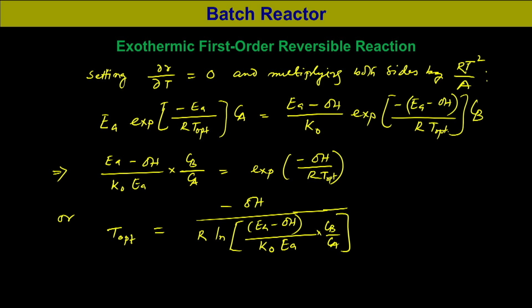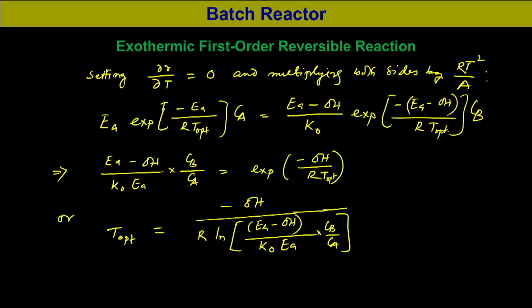So, we can write (Ea minus delta H) by K naught Ea into Cb by Ca is equal to exponential minus delta H by RT optimum.